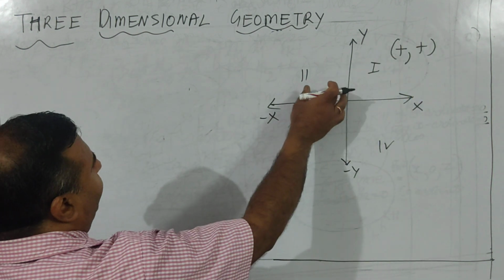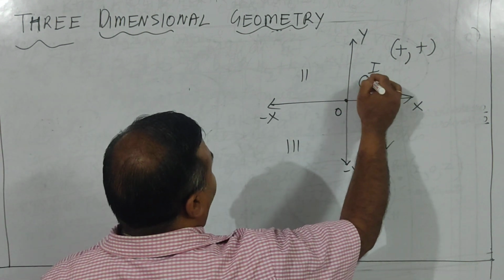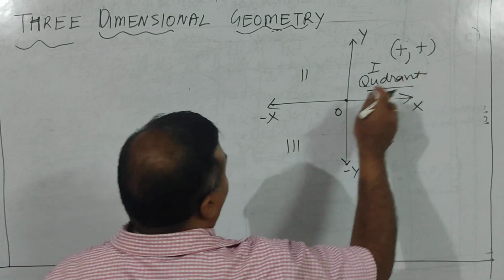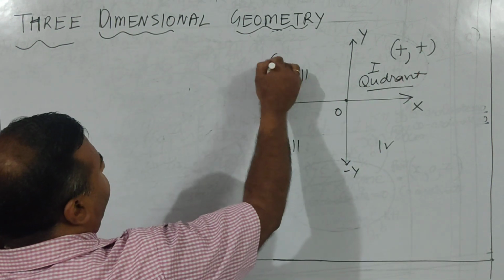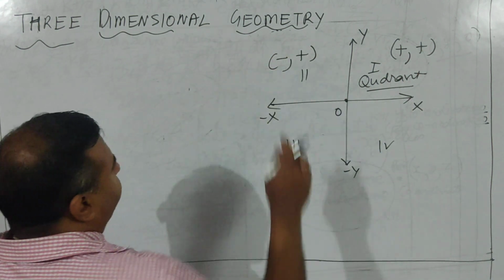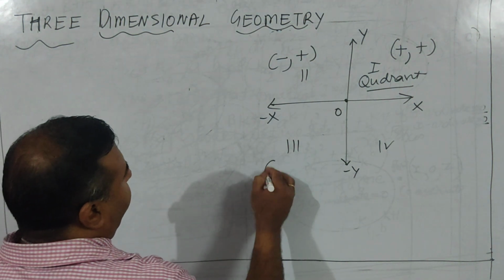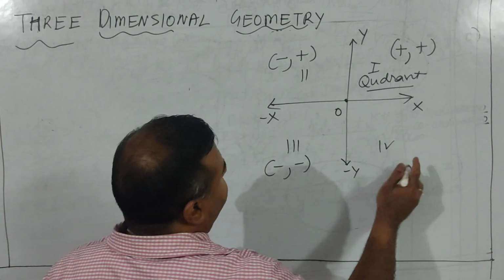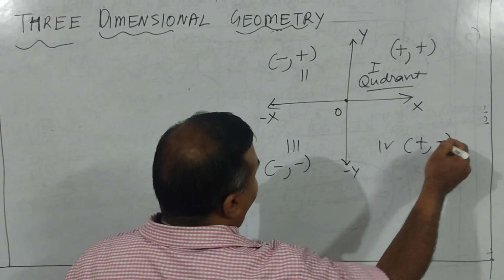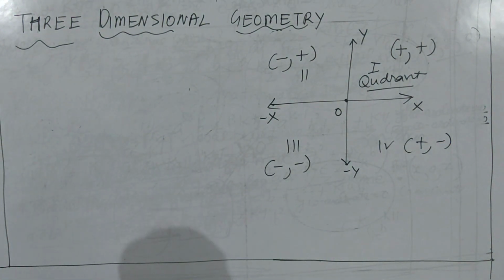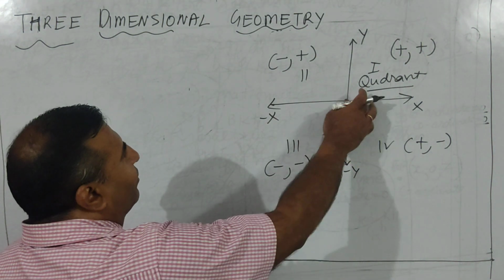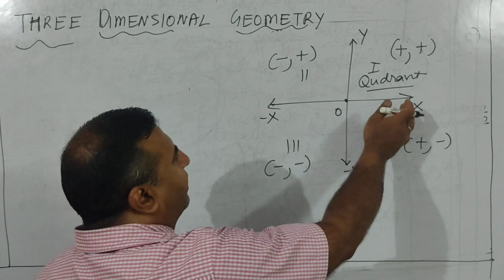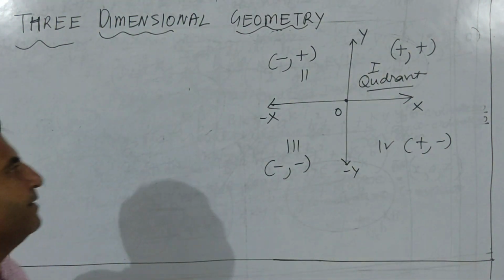In the second quadrant, x is negative, y is positive. In the third quadrant, x is negative, y is negative. In the fourth quadrant, x is positive, y is negative. This is a quadrant in your xy plane. This is two-dimensional because only two variables are here, x and y.